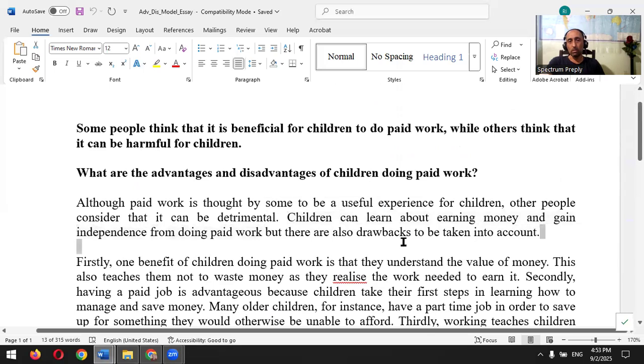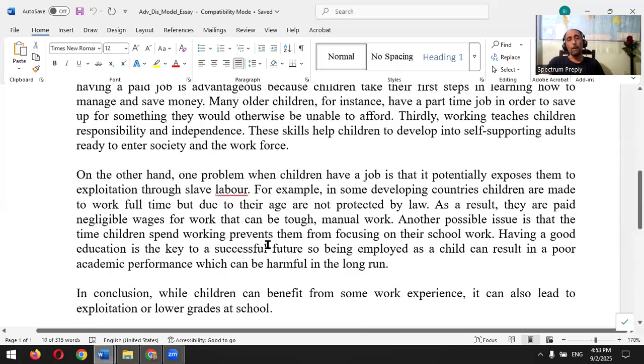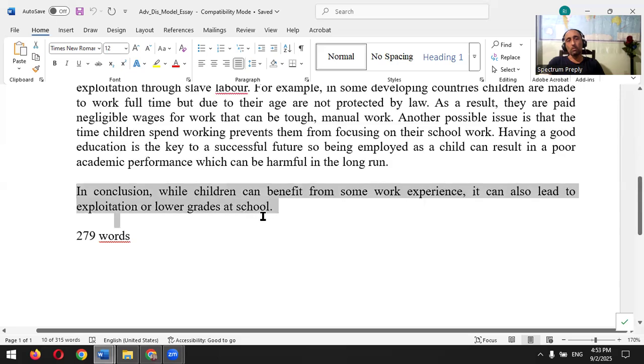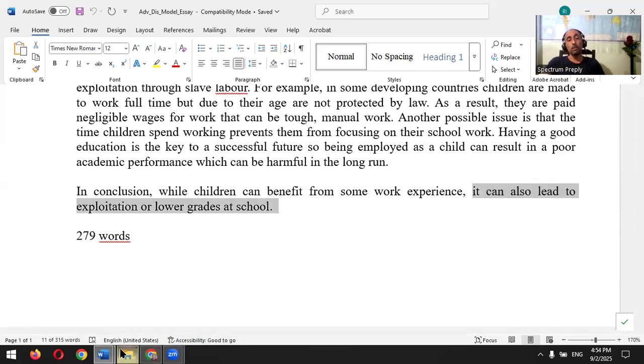But there are no disadvantages given there, only a referral. If you look at the conclusion, it's the opposite of the introduction. There are no advantages shown. There's only a referral, but disadvantages have been stated.